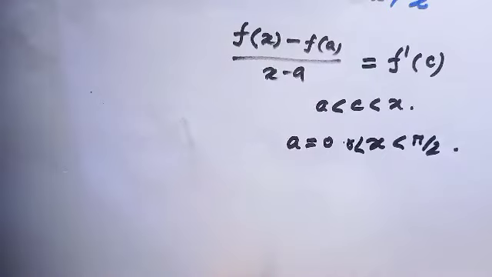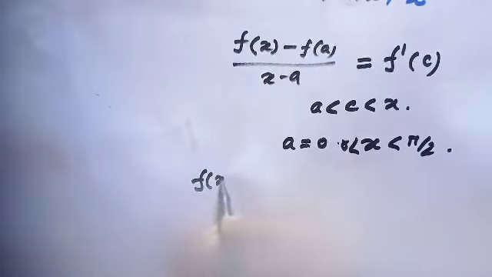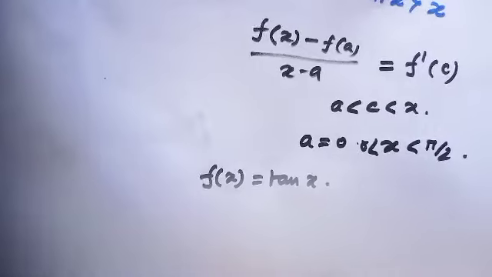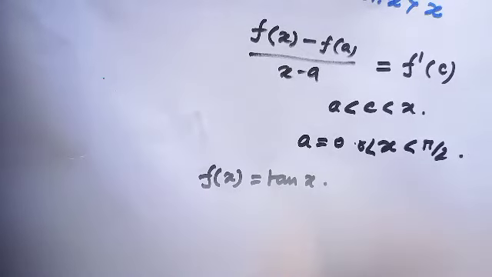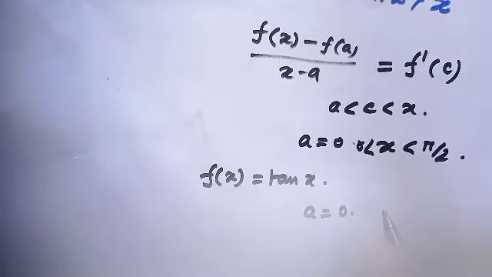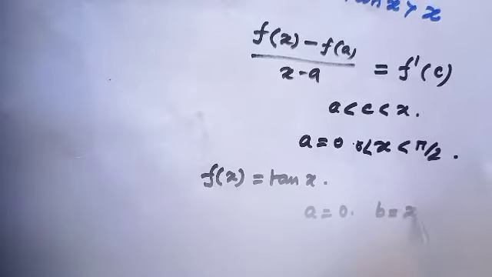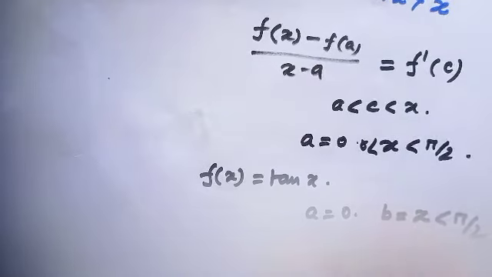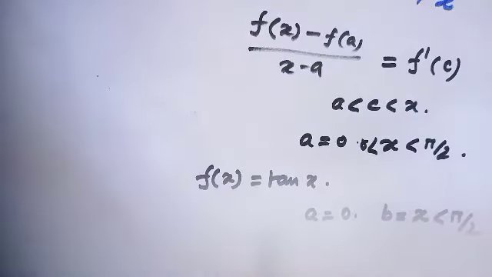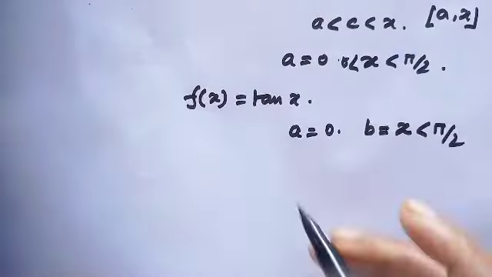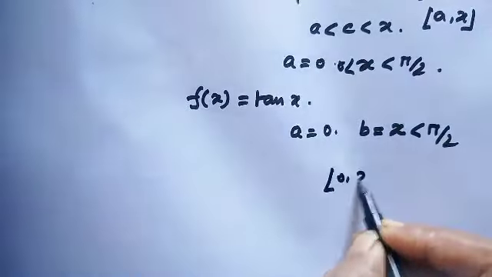Okay? Well, here notice f of x equal to tan x. This is our given function, and this function we all of us know in the interval a equal to 0 and b equal to x, which is less than pi over 2, is always continuous and differentiable also. Okay. I can use the mean value theorem on that function between the interval 0 to x.